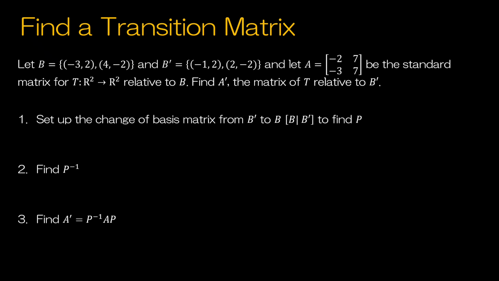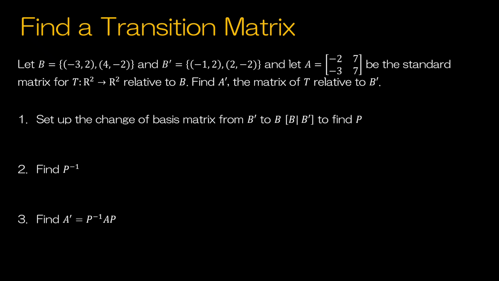We're going to do the exact same thing, but this time, as you can see, we have two non-standard bases. So we have base B, which is not standard, and base B prime. The steps will pretty much be the same, but I'll show you where to watch out.